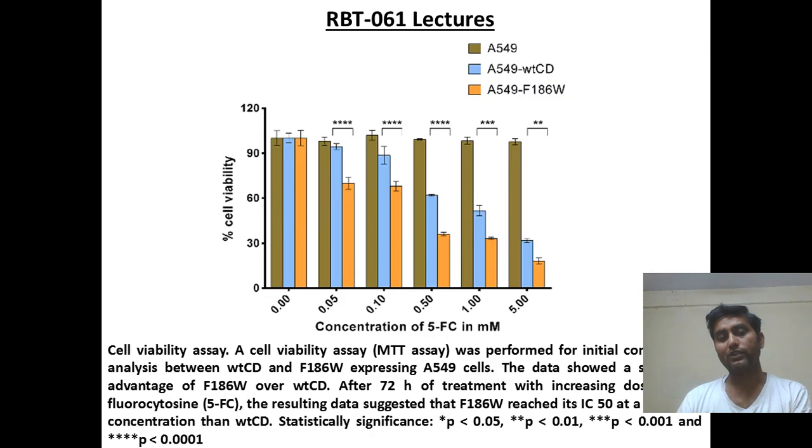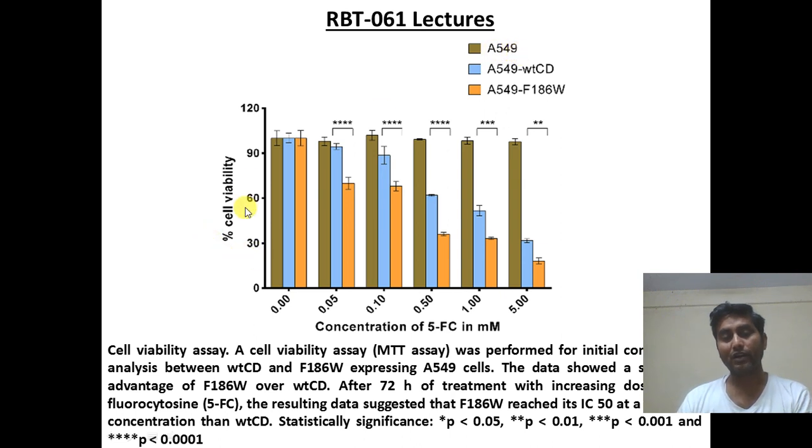This is an example from a paper which I have taken for explaining this. In that paper, the author has used the 5-fluorocytosine drug at different concentrations in millimolar, for testing its efficiency on A549 cells.